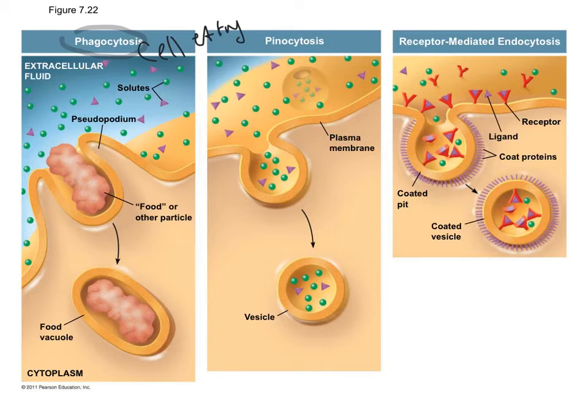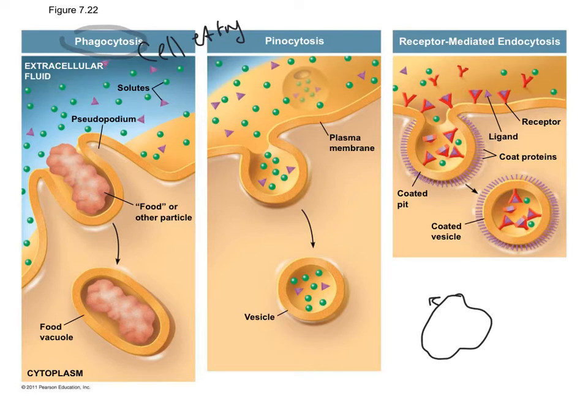What happens is the cell is going to sense that there is something on the outside. So you would have a receptor-mediated protein that would sense that there's something out there.